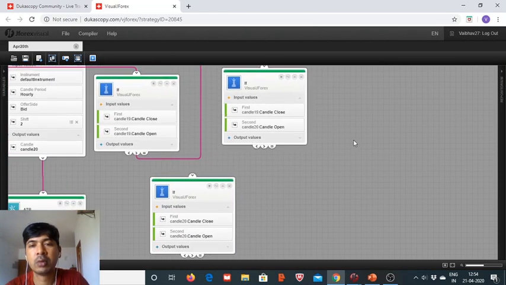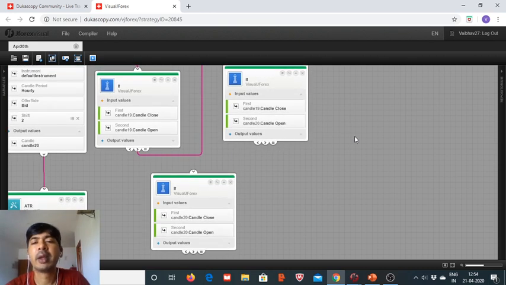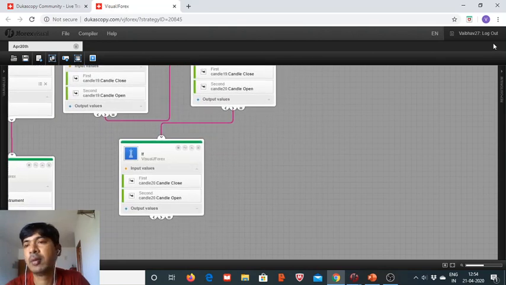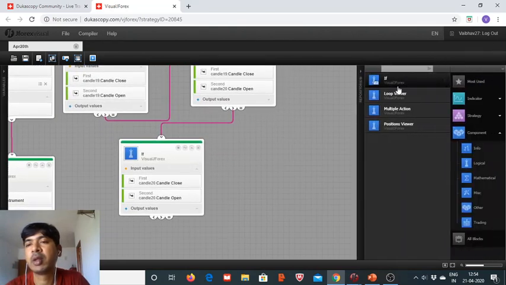So candle closing and the candle opening conditions have been compared here, and it should be greater, and for the candle 20 its closing level should be less than the candle's opening level. So there is this difference.